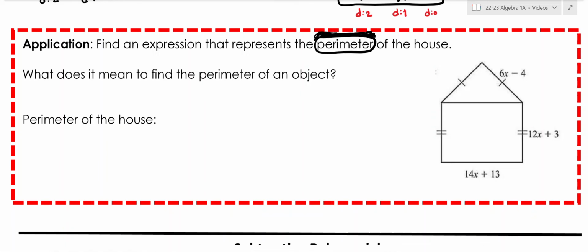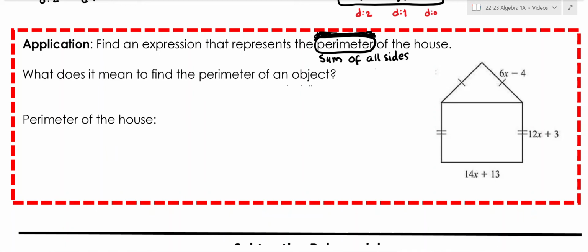So I'll make a printout giving you all the formulas for the perimeters and the areas of common shapes, okay? Perimeter is the sum of all the sides. The outside, like the periphery of the place.